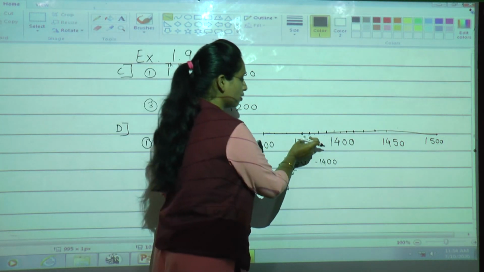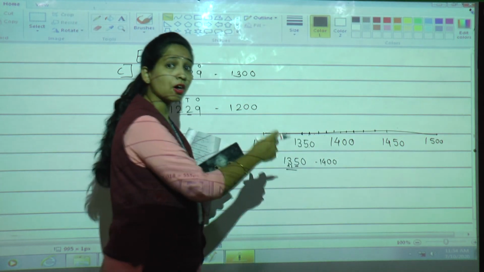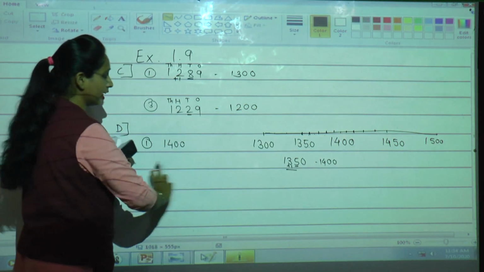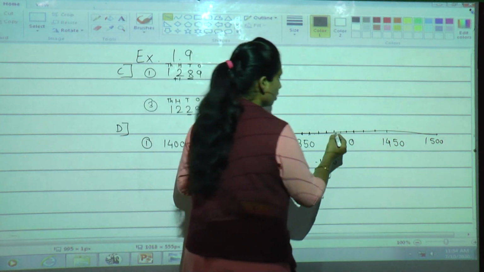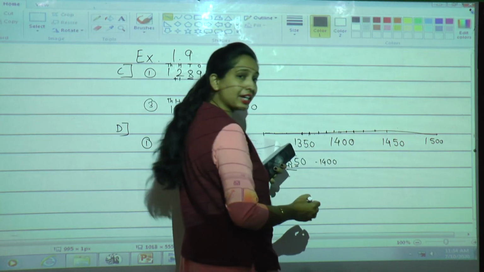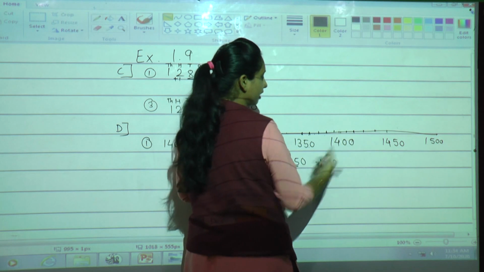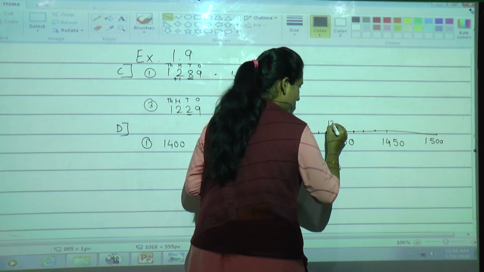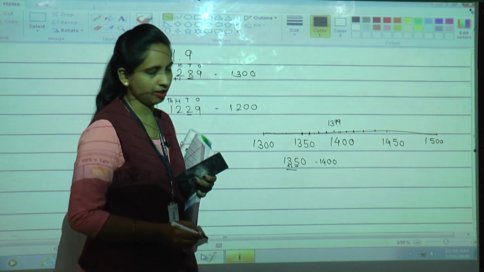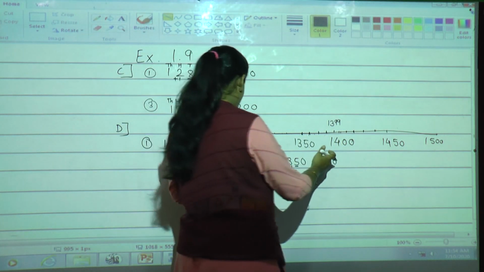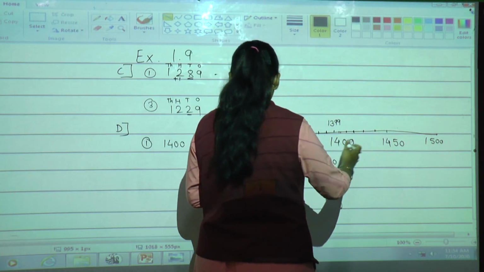It will be lengthy, so I have taken in tens. But all numbers will come. It is very lengthy to write all the numbers. Now I will tell you how to write numbers. So till what number can we round to 1400? The last number will come 1399.